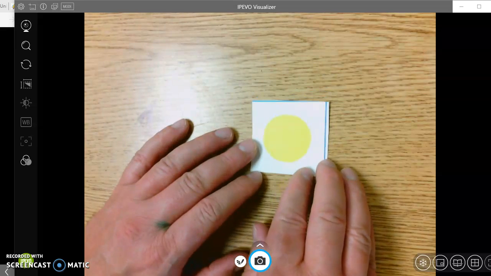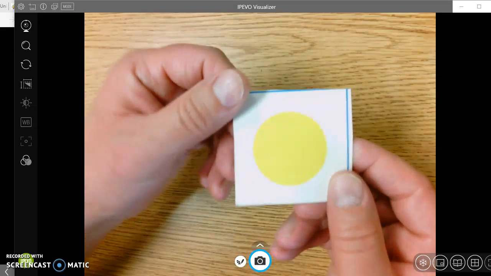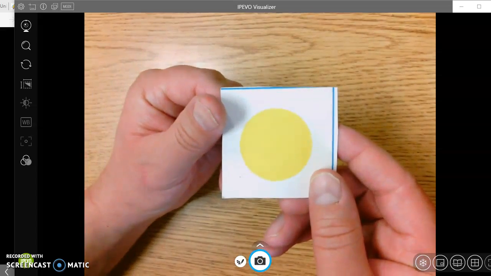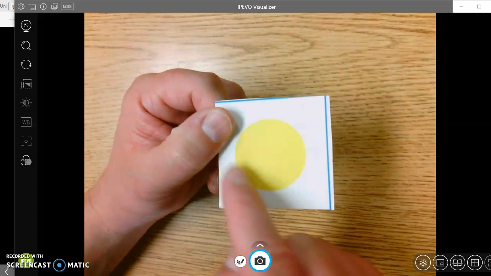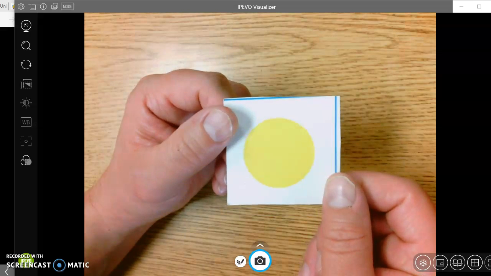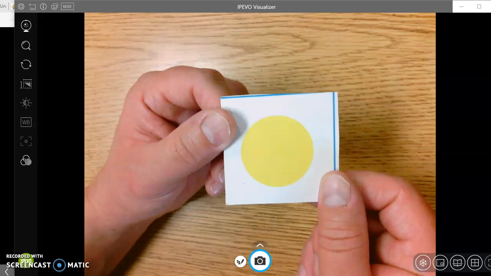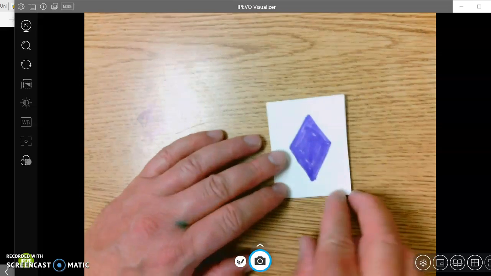Now, how many sides does this circle have? There's really not any sides, is there? And how many corners? There's no corners. If there's no sides, there's no corners, because corners are where two or more sides meet. How about this rhombus?